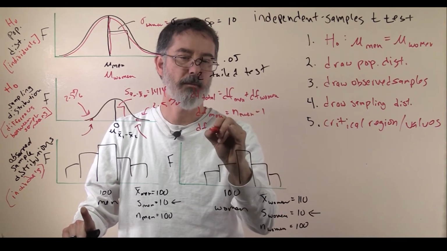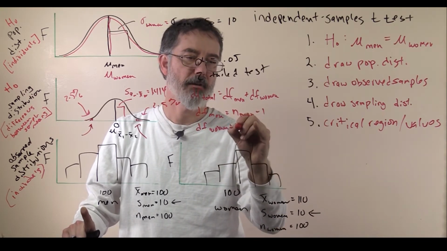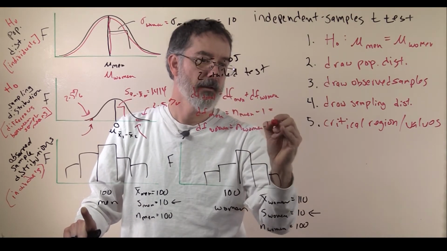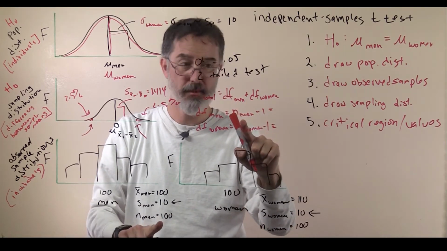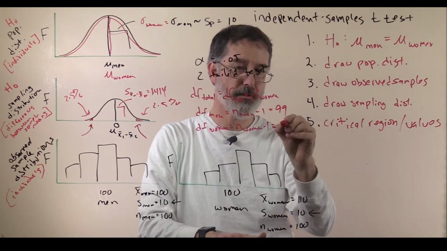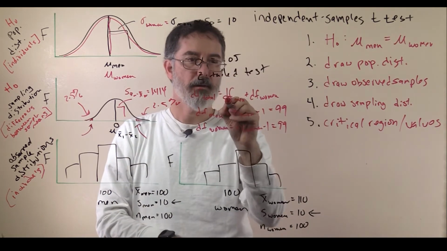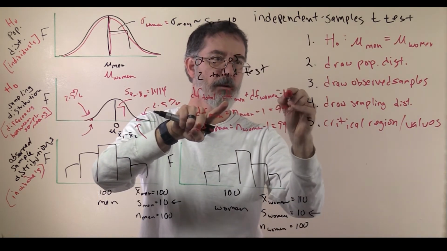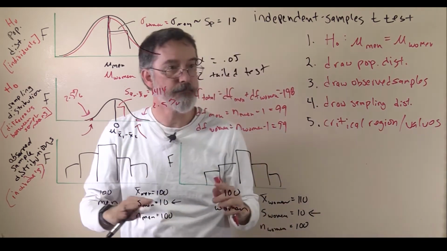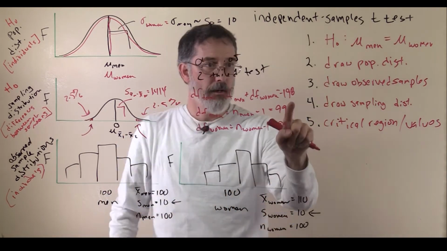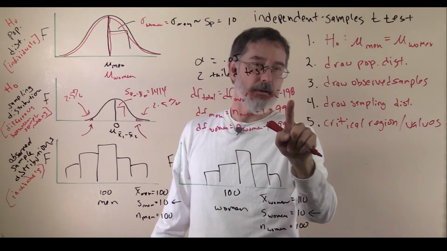The degrees of freedom for women is going to be the sample size for women minus 1. So men's sample size 100, minus 1 is 99. Women's sample size is 100, minus 1 is 99. So degrees of freedom total is men's plus women's, 198.